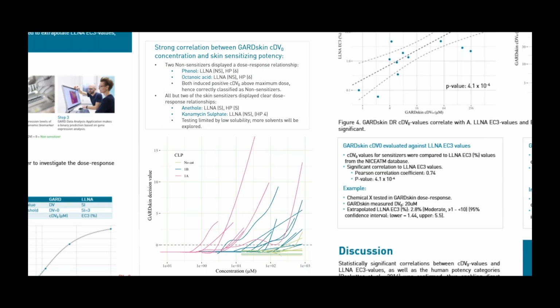To conclude the information from the figure, we can see that strong sensitizers triggered response signals above the binary threshold at much lower concentrations compared to the weak sensitizers. And we can also see that there was almost a perfect separation between the CLP categories.